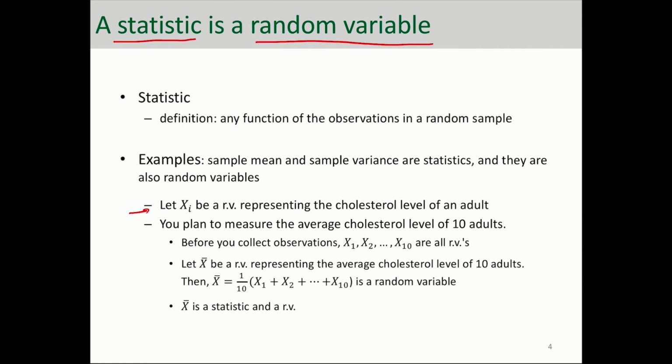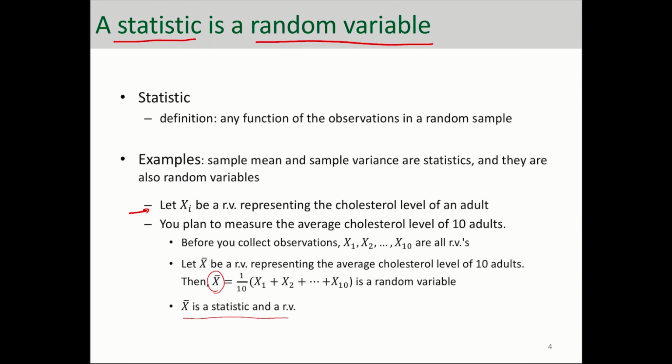And then let x bar be a random variable representing the average cholesterol level of 10 adults. So x bar itself is also random, because if you take a sample of 10 adults and take the average, you get an average, and then you take another sample of 10 adults, you probably get another average.